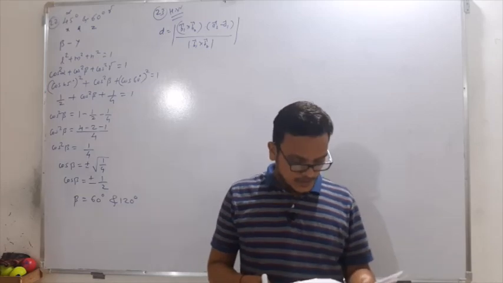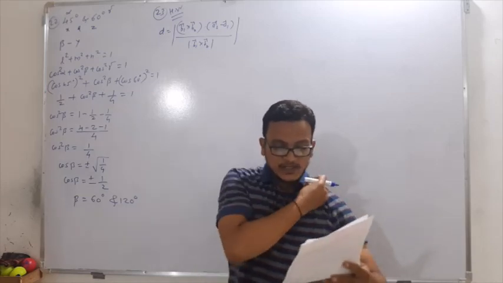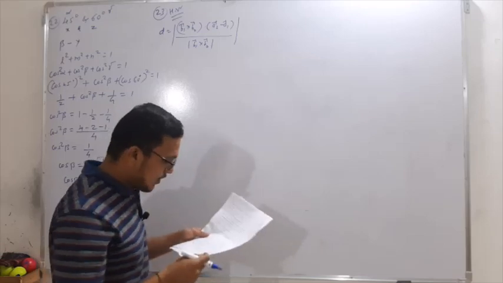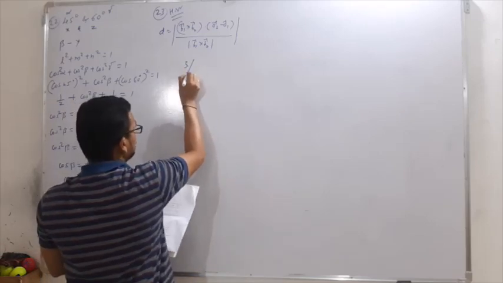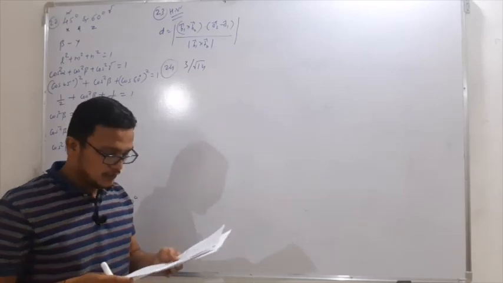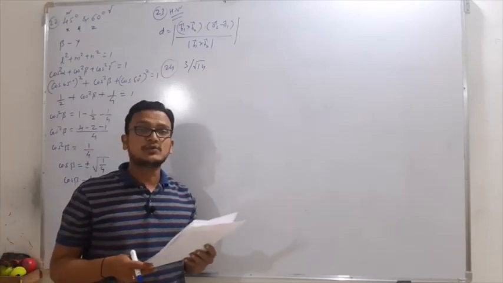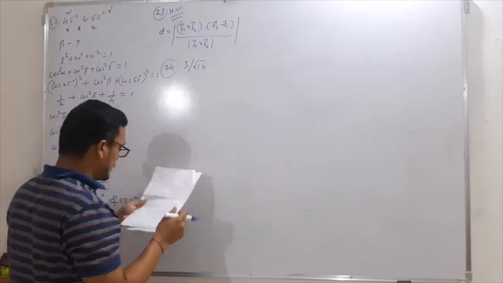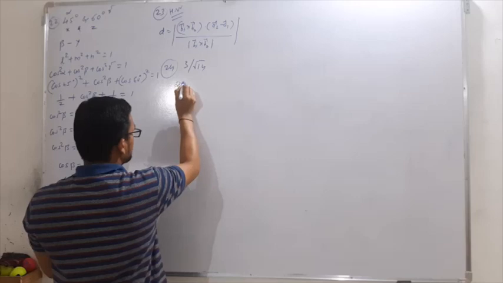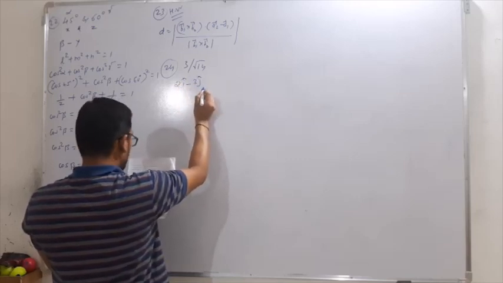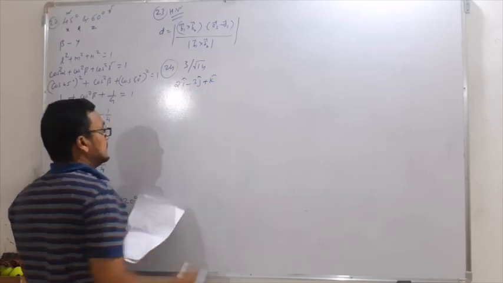Next, question number 24. The vector equation of a plane which is at a distance of 3 upon root 14 from the origin, and the normal from the origin is 2i minus 3j plus k.